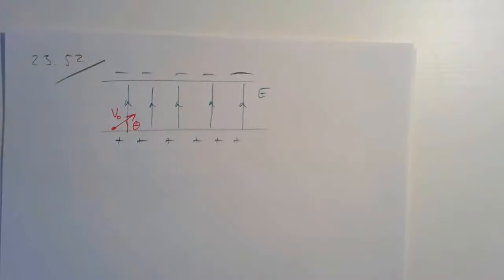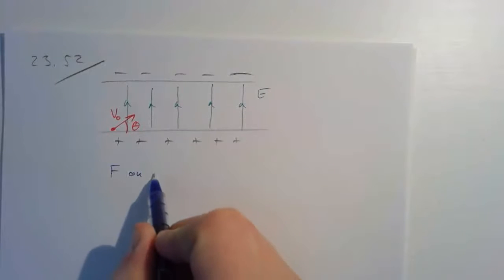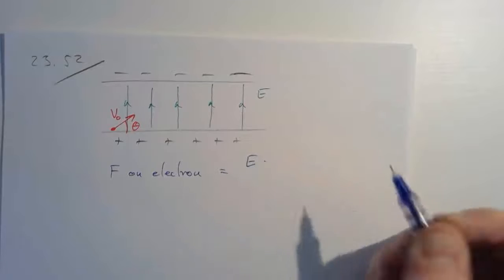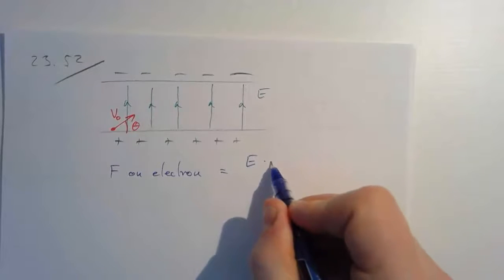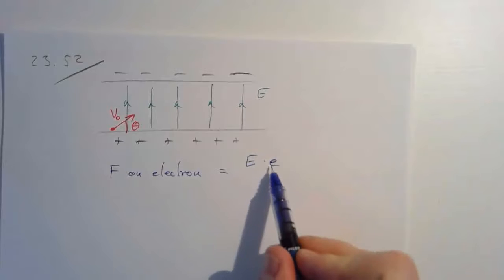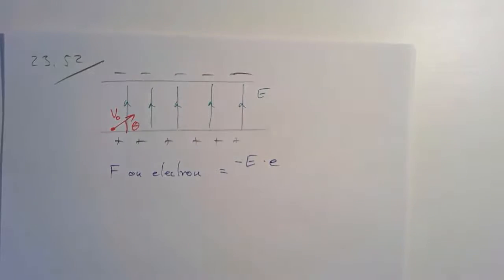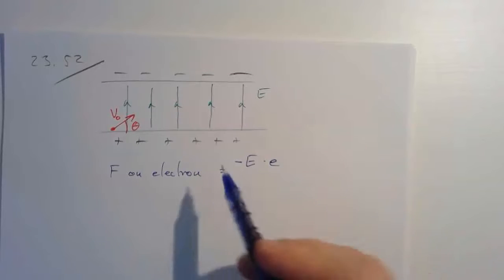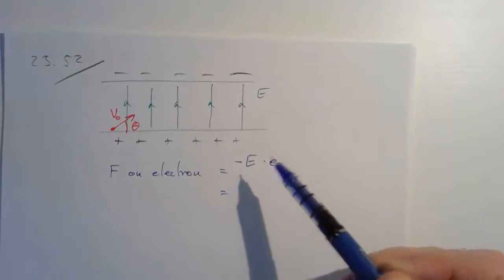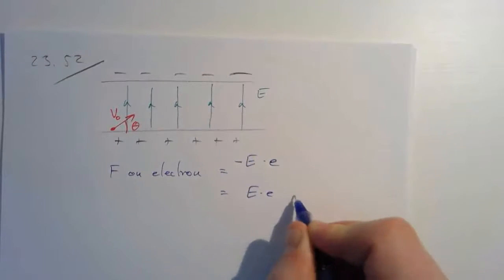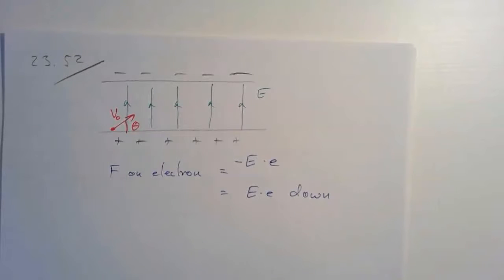The force on the electron is going to be equal to E times the charge of the electron. But the electron charge is negative, so this is going to have a minus sign with it. I suppose a better way of putting this is that it's going to be downwards. So let me write it like this: E times e, down.